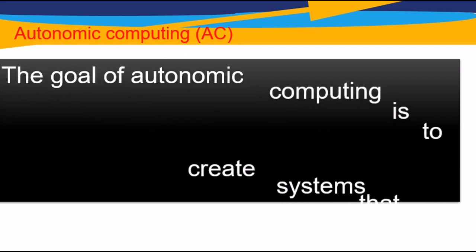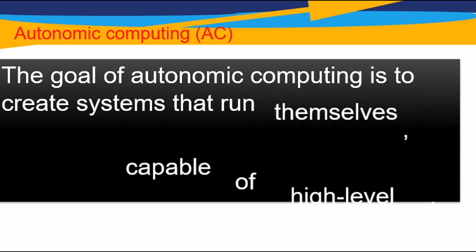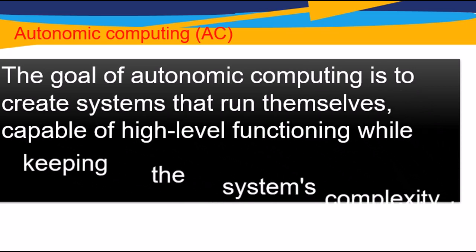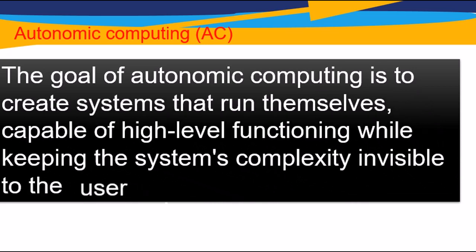By using managing elements like controlling system components, the managed element is essentially equivalent to what is found in ordinary non-autonomic systems. Also, it can be adapted to enable the autonomic manager to monitor and control it.